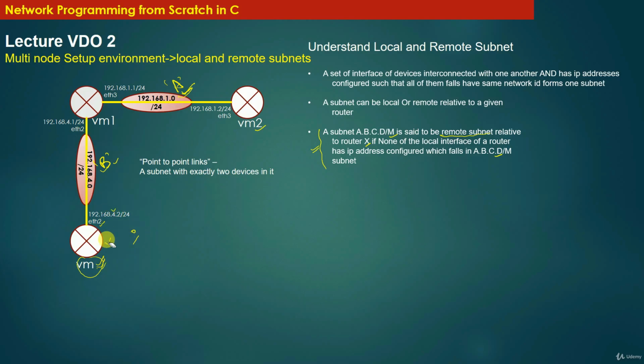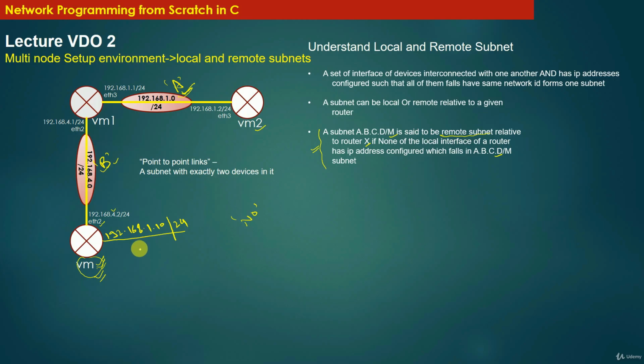Let us consider a scenario. Suppose router VM had another interface and the IP address configured on that interface is 192.168.1.10/24. Is subnet A still a remote subnet for router VM? The answer is no. Subnet A is no more a remote subnet to router VM.